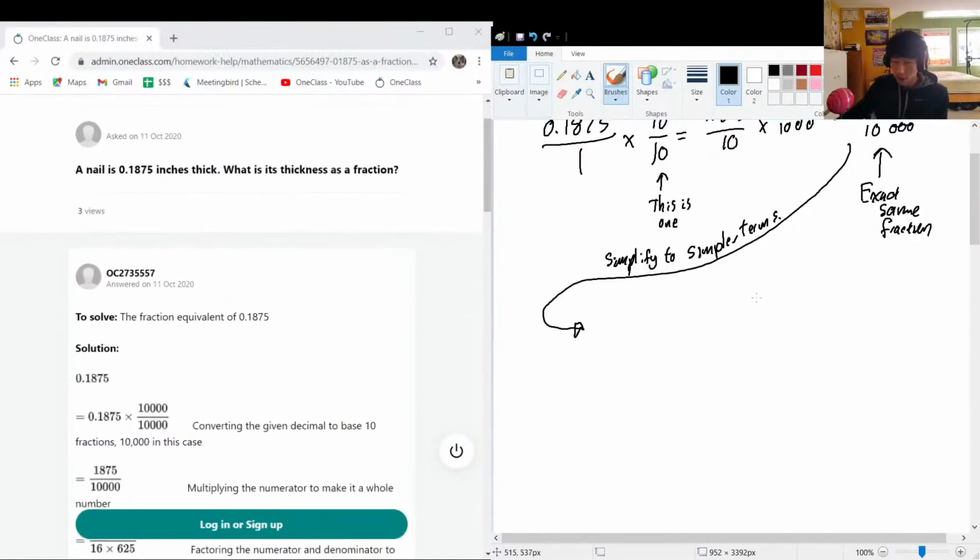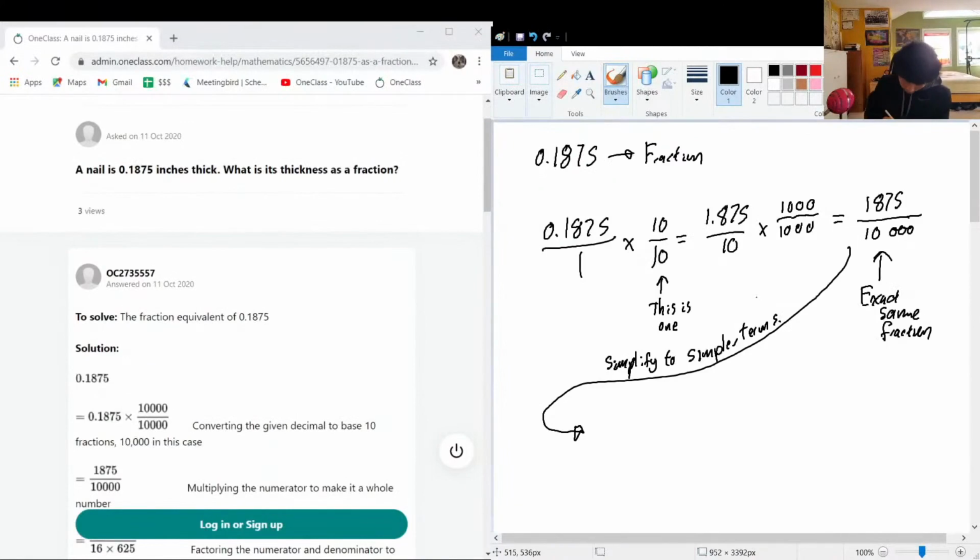Okay, so we have 1875 over 10,000. We know that we can factor out 5, right? Because they both end in 5 or 0.